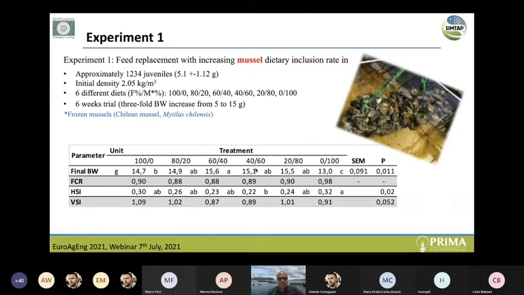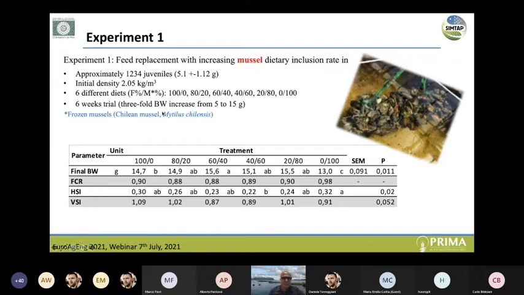Because as you saw during the talk of Professor Pardossi and Carlo, in the SIMTAP we are able to, at least this is what we aim, produce mussels to be used for fish nutrition. So, as they explained, with algae we can feed the mussels as well as polychaetes, and we can harvest these products to feed the fish. So we started with this trial.